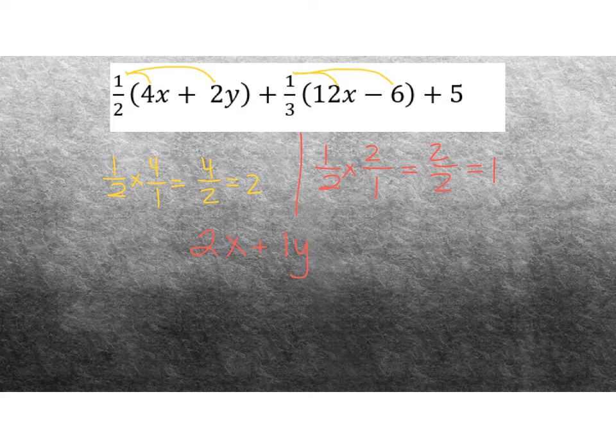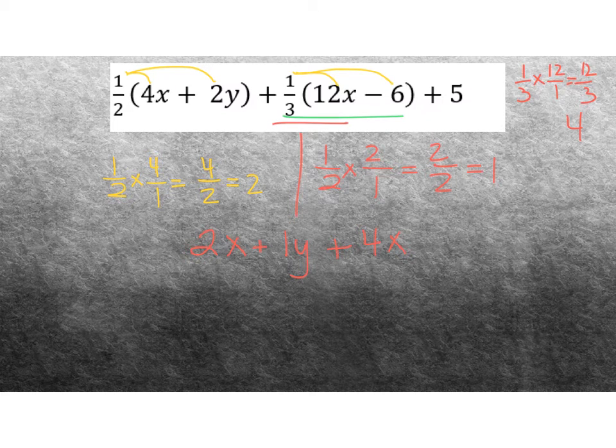So now we need to do our 1/3 times 12x. So right here, let's do 1/3 times 12 over 1, which is going to give you 12 over 3, and 3 goes into 12 4 times. So we are going to get plus 4x, don't forget your variable, and then we're going to do 1/3 times our negative 6 there.